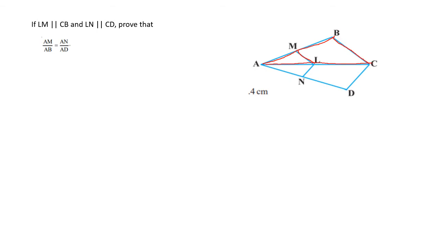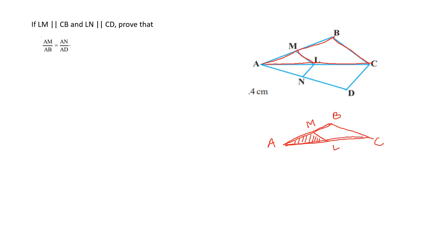Now let us see, children. I am drawing that triangle here: this is my A, this is B, and this is C. And then I have a line LM parallel. Now this is my small triangle ALM, and then I have the big triangle, that is ABC.